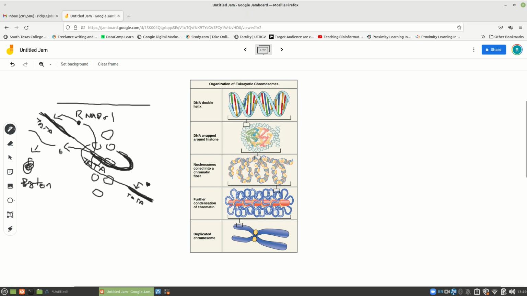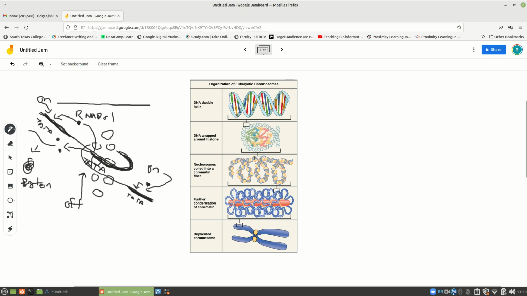All right. RNA polymerase wanted to go here. This gene is turned off because it is wrapped around the histones. So here we can say that this one is off. This gene is off, but these genes are on. This one also is on.